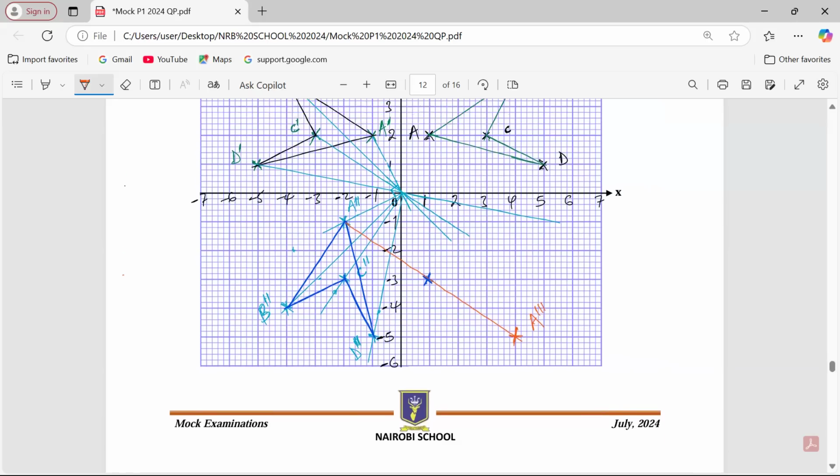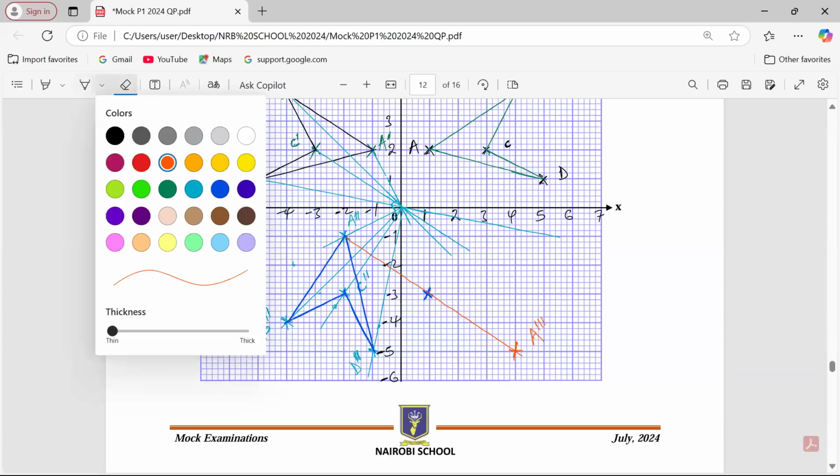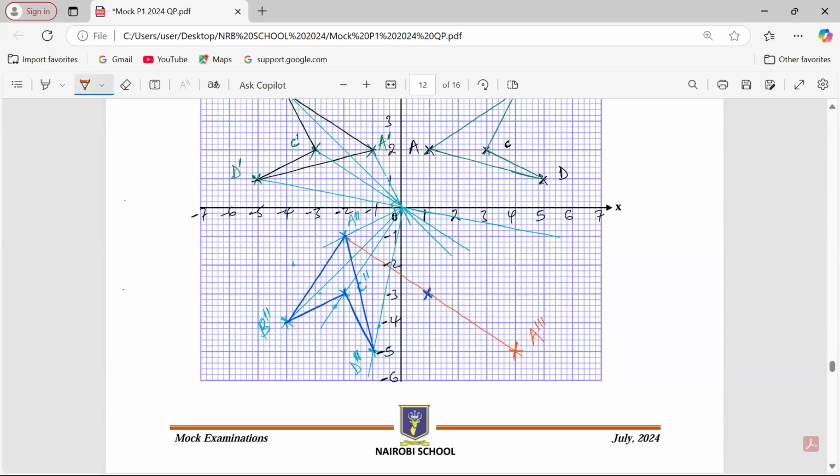We proceed again. We do the same for B. So we join B to the center, center 1, -3. Then after joining, let me increase the accuracy a little bit. I'm supposed to be very accurate. So B is joined to the center. Then I move an equal distance to the other side.